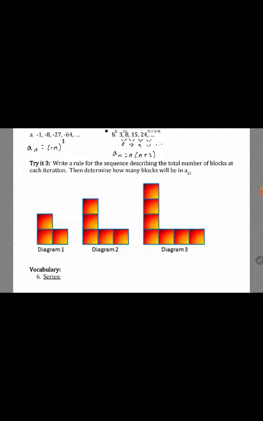So diagram 1, we have 3 blocks here, and then it becomes 5, and then 7. This is the first, this is the second, this is the third. As you can see, we're just adding 2 each time.